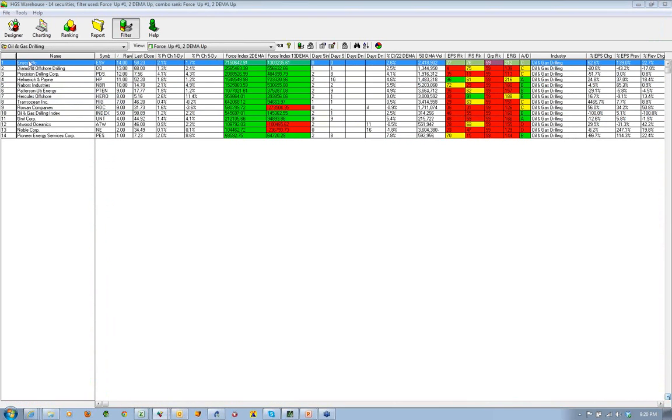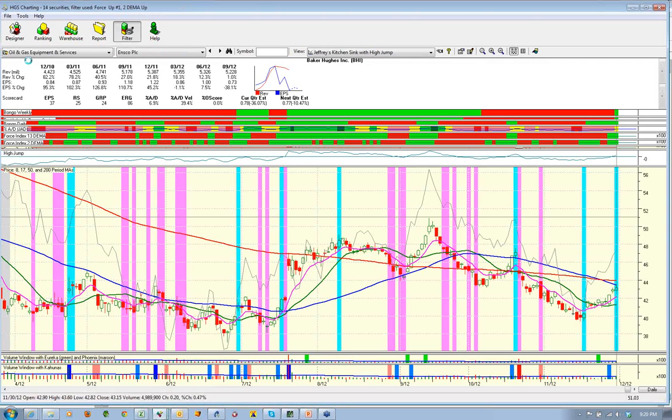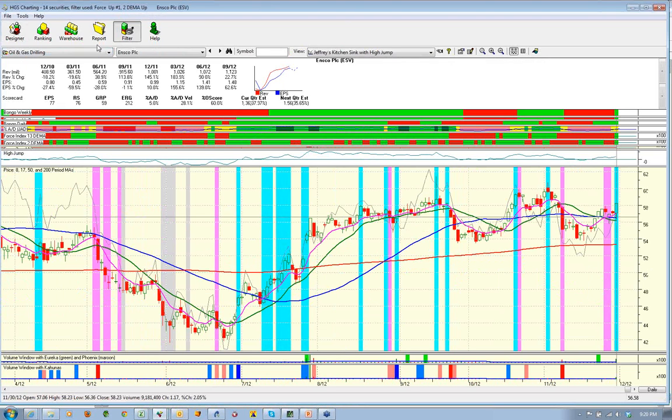Now this one looked really good, ESV. I think this is an ex-US driller. So it's been basing from left to right. And this is a pattern that I love. It had a big run up here, and it got up to the top of its high jump bar. And so rather than pulling back, it has essentially just gone sideways.